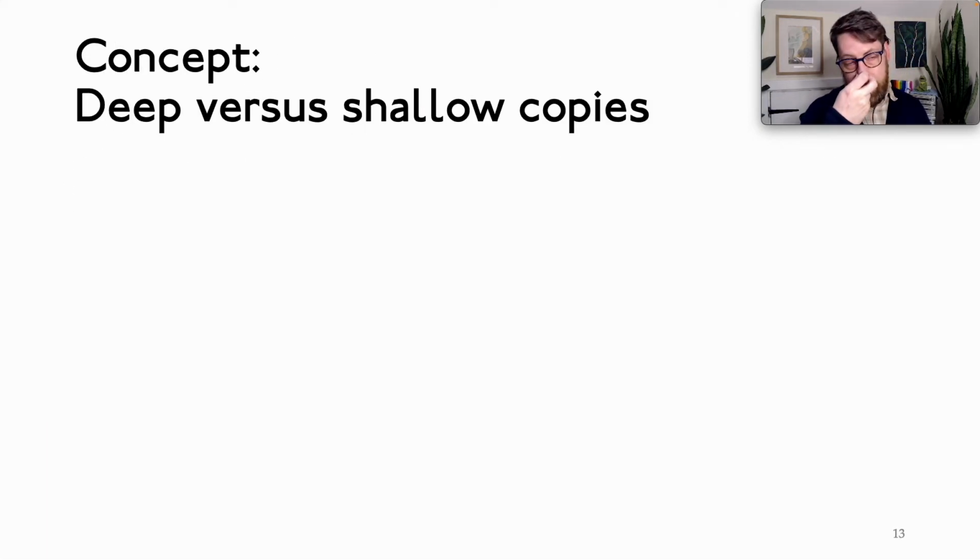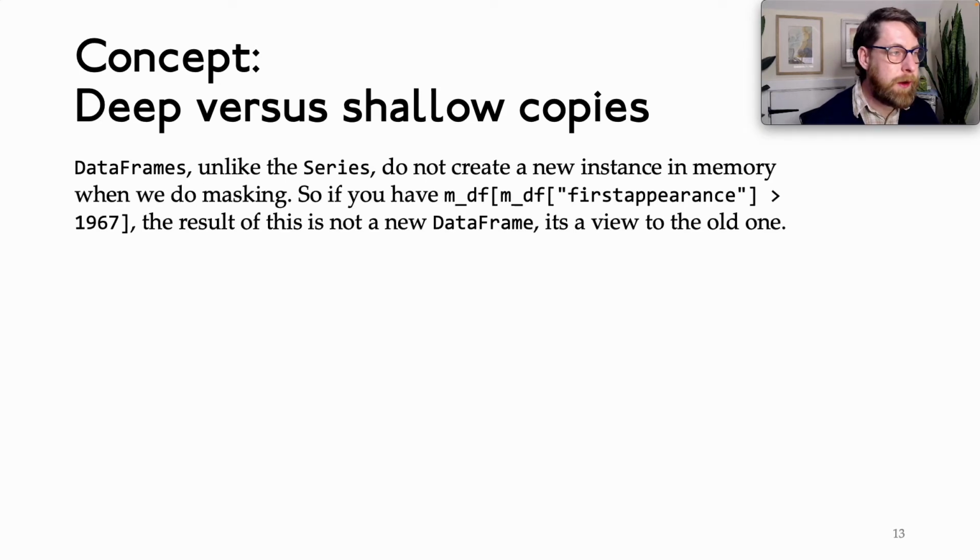Okay, so I want to just look here at the concept of deep versus shallow copies of things. Data frames, unlike a series, don't create a new instance in memory when we do masking. When we mask a series, we can actually return a new series, which if we edit, is not going to affect the previous one.